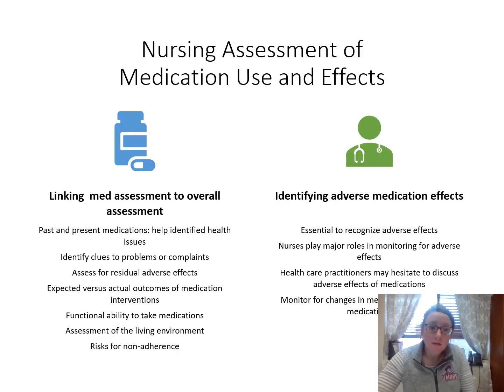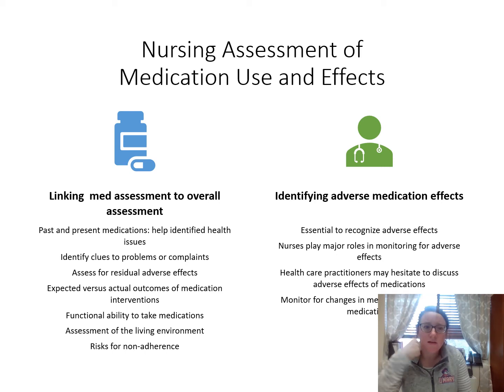Lastly, we'll talk about how to link this medication assessment to their overall assessment. So past and present medications, we can look and see, do they have a new complaint that maybe we have seen in the past.